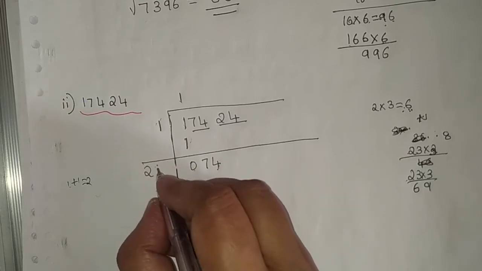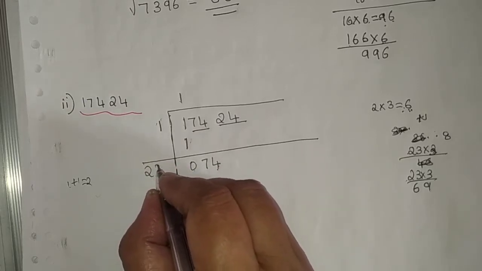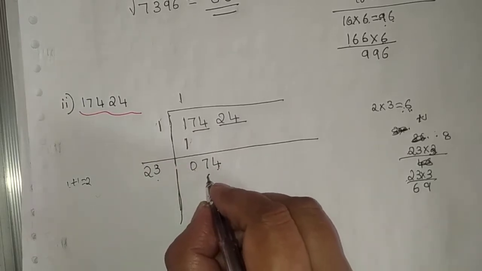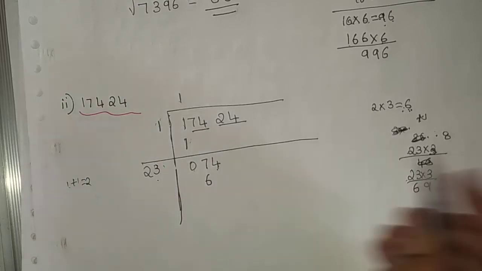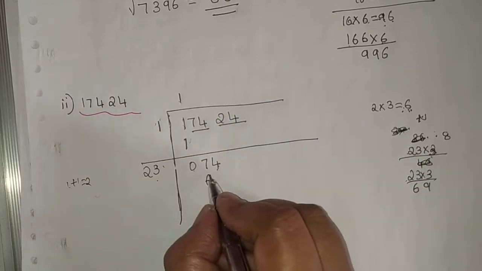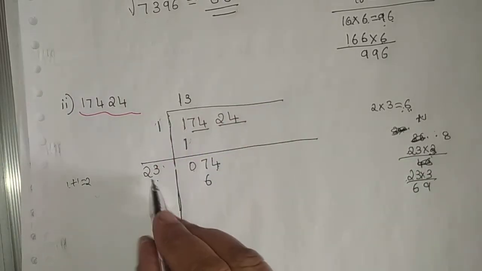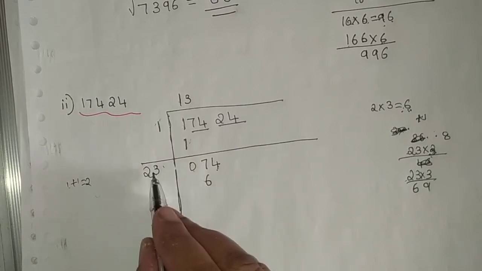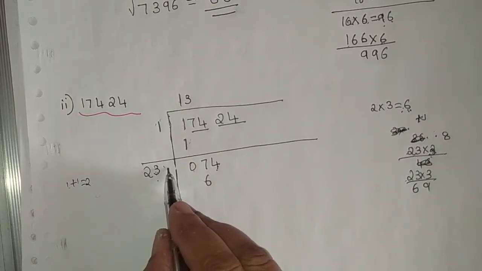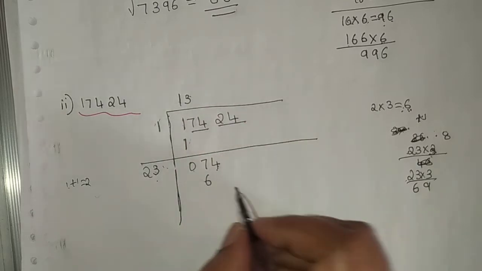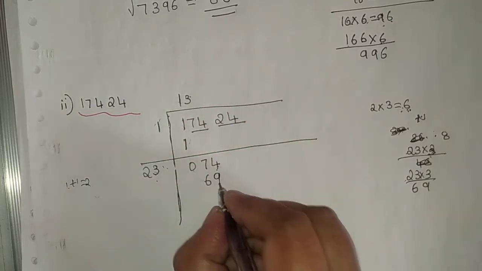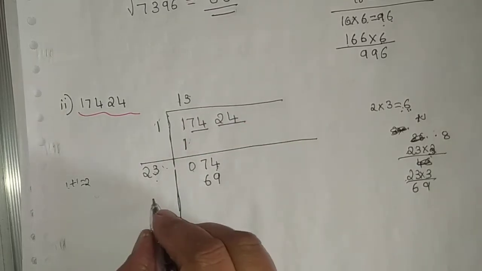So therefore 2 3s are 6. 6, again 23 into 3 will take. 23 into 3 will be 69. So we put 69 here.